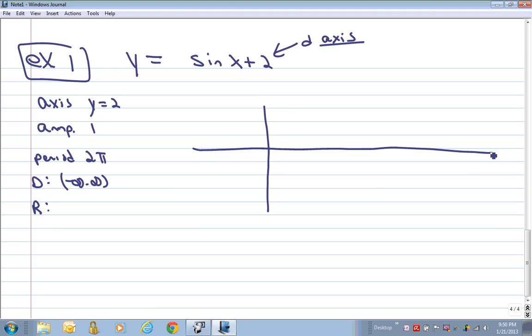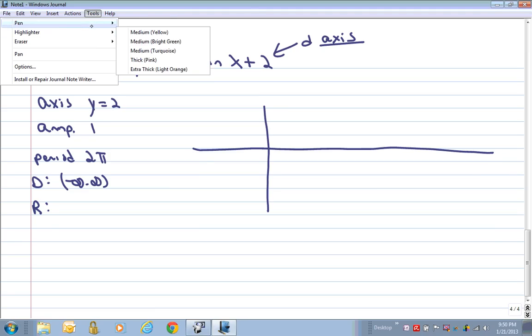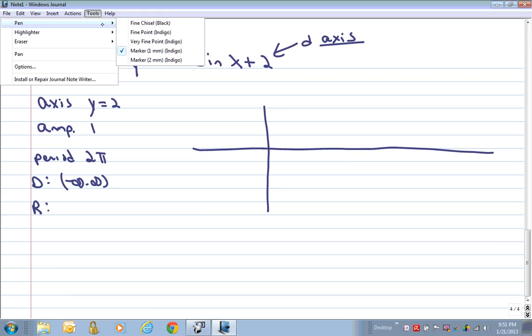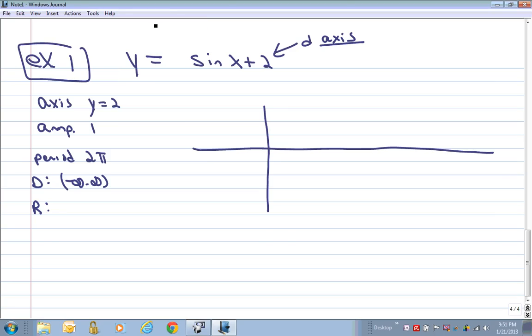Alright, so we're going to have a new axis. Let's make our new axis in a different color. That will help us. All right, so our new axis has shifted up 2.